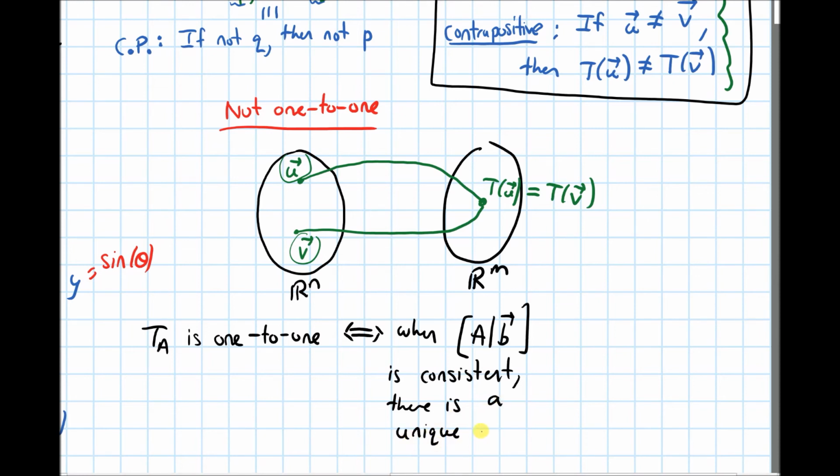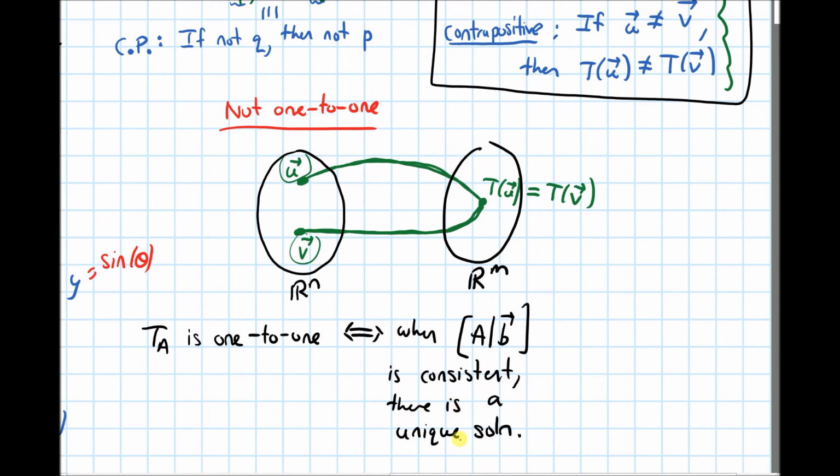Because if there wasn't a unique solution, that would correspond to a picture like this. If I had two different inputs that gave me the same thing out, I wouldn't have a unique solution. I'd have more than one. And then my transformation would not be one-to-one. So for my transformation to be one-to-one, whenever this augmented matrix is consistent, there has to be a unique solution.